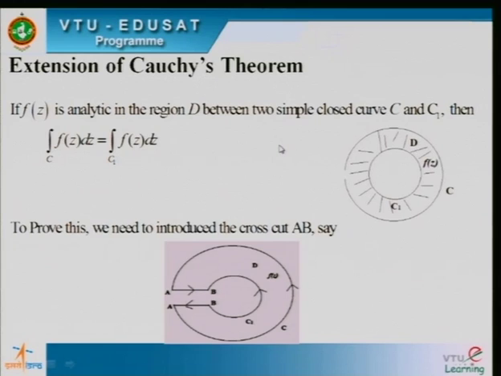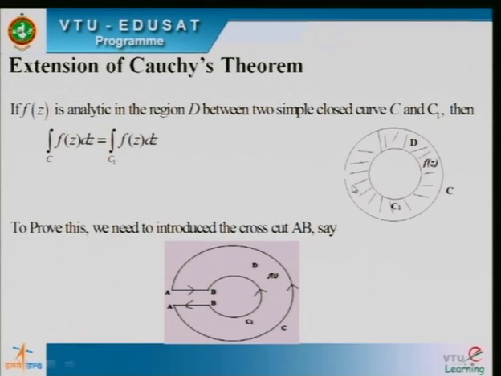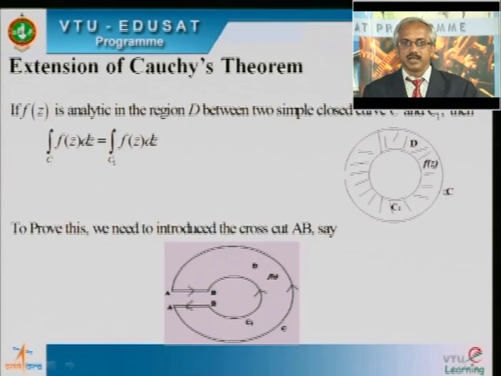The proof is briefly explained by taking a graph. The outer curve is C and the inner curve is C1, and as per the definition, f of z is analytic in this region D.